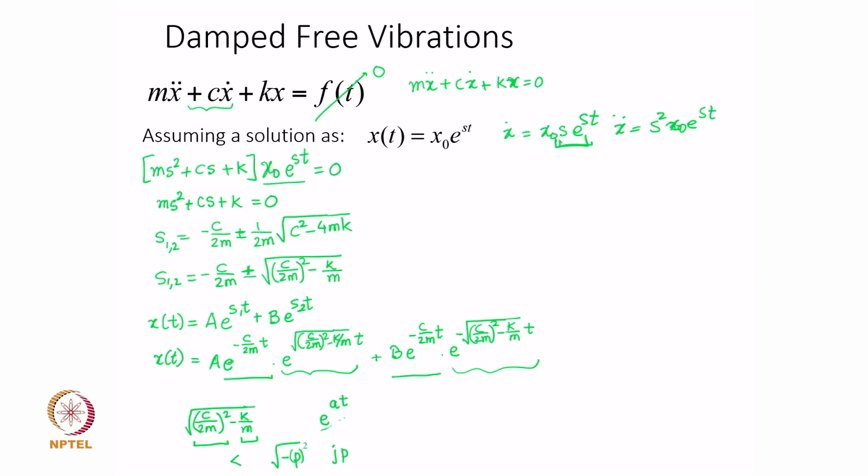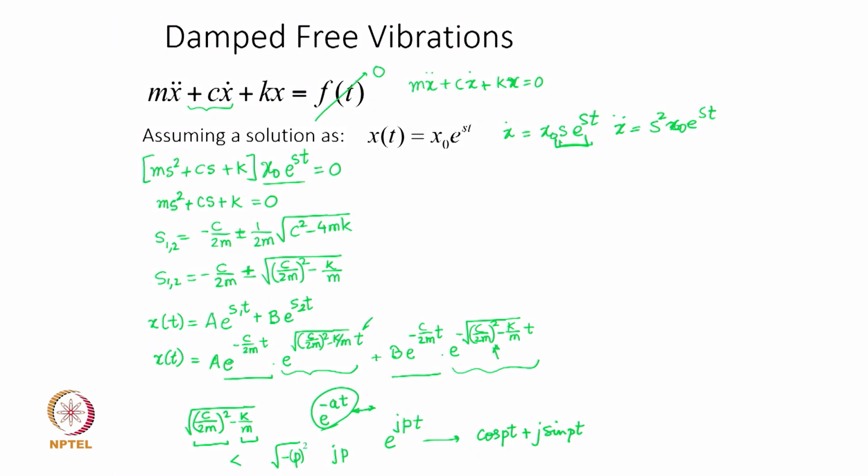So, instead of e to the power a t, if I have e to the power j p t, what does this expression mean to us? Instead of a solution which has e to the power a t, in this particular case this is going to be minus a t.